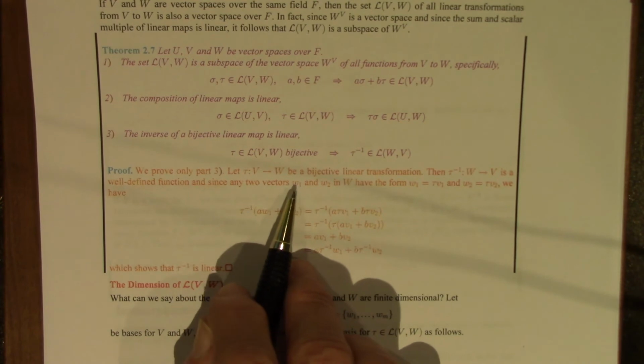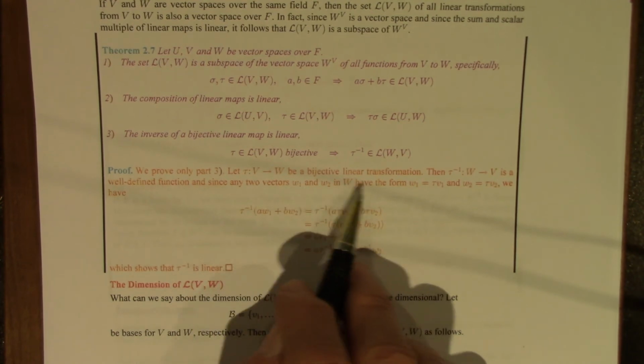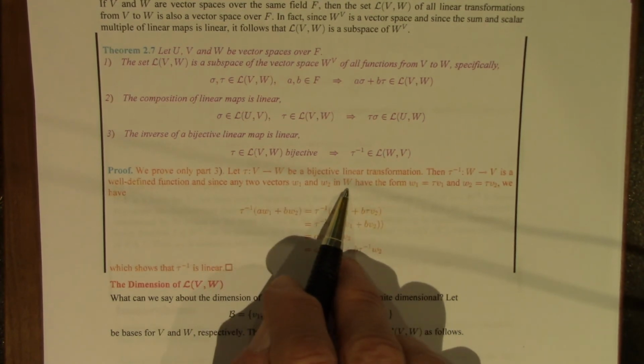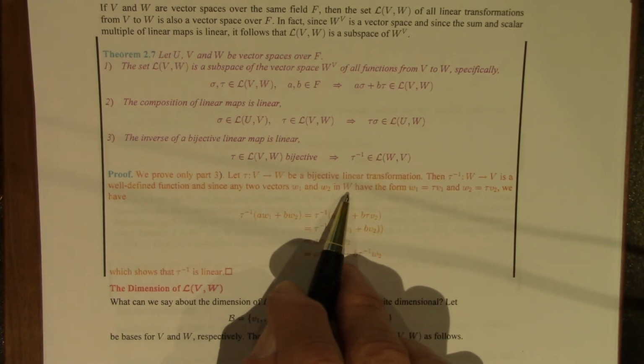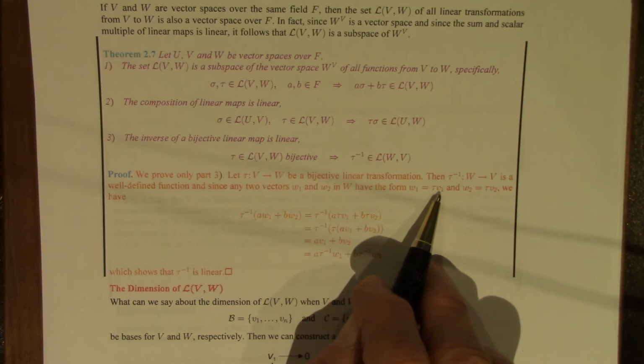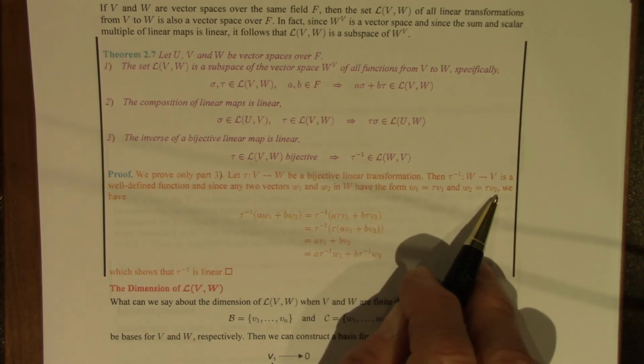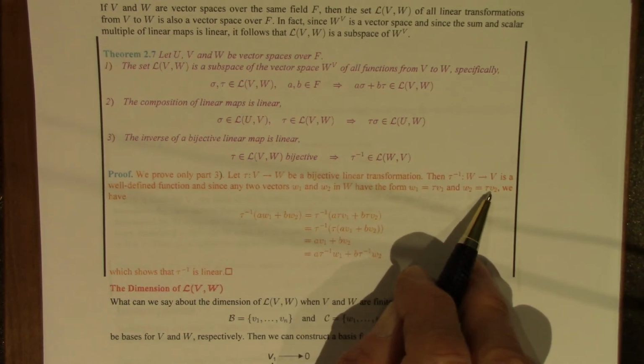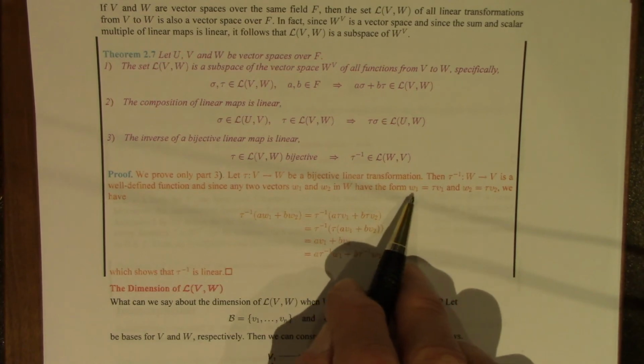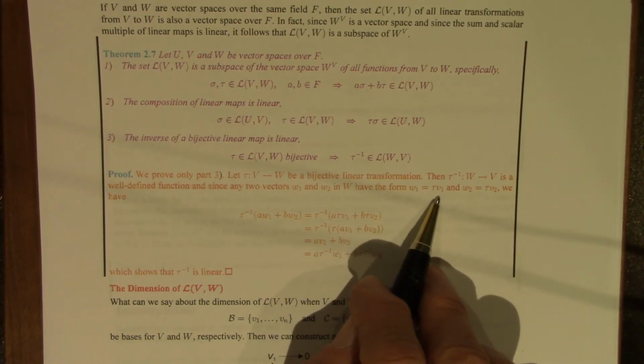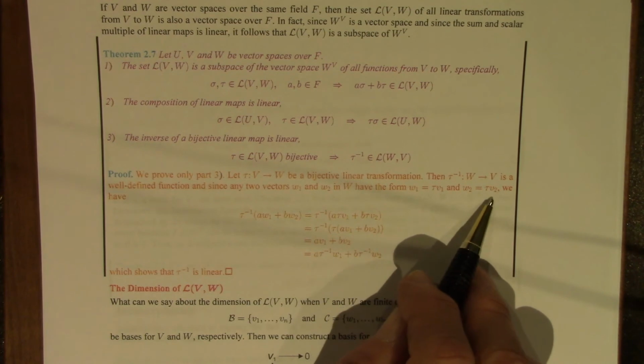If we take two vectors, w1 and w2, in W, because tau is bijective, there are vectors v1 and v2, in fact unique vectors, for which w1 equals tau of v1 and w2 equals tau of v2.